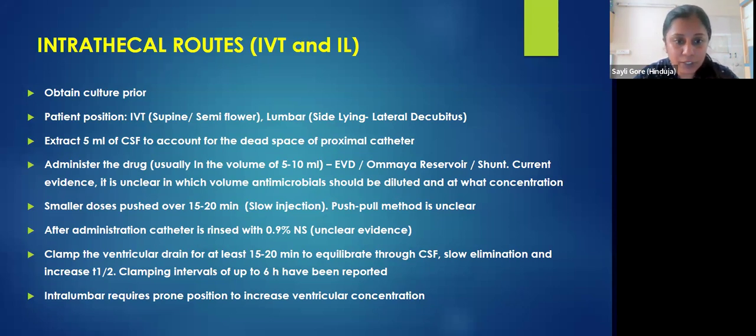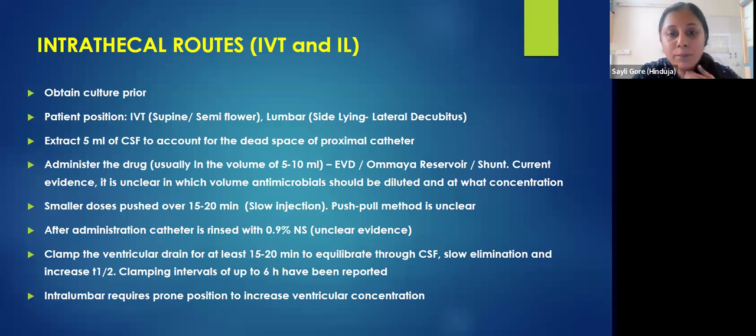And after the administration, you're advised to rinse or flush the catheter with either water for injection, bacteriostatic water for injection, or 0.9% sodium chloride. But again, there is unclear evidence for this. And after administering, the ventricular drain needs to be clamped for at least 15 to 20 minutes so that the drug is equilibrated through the CSF.